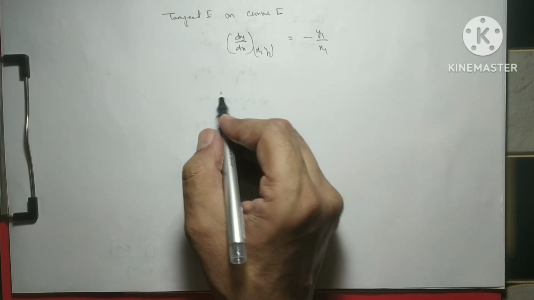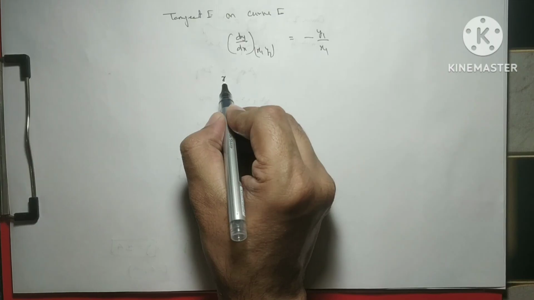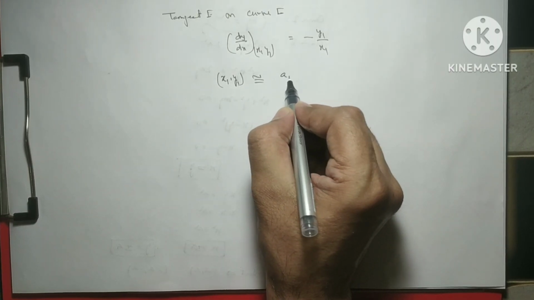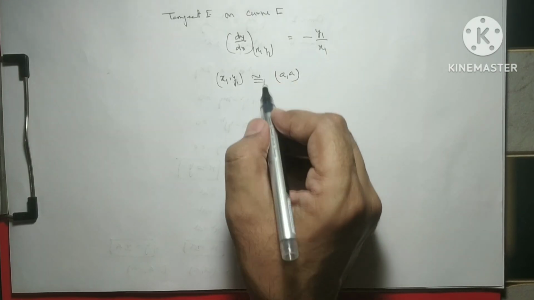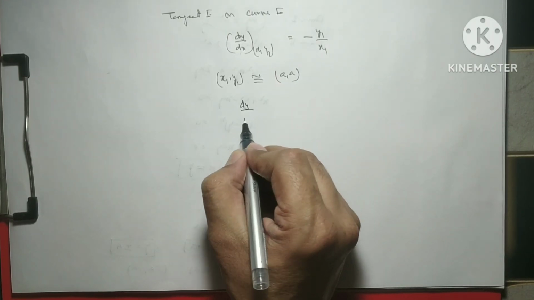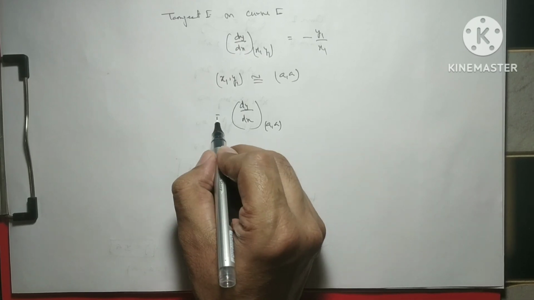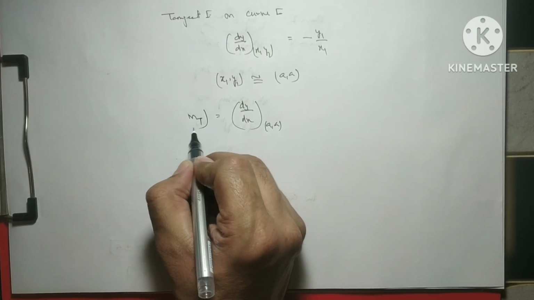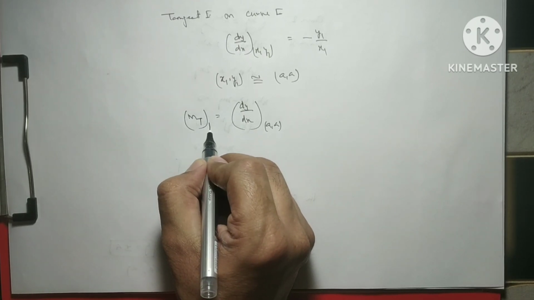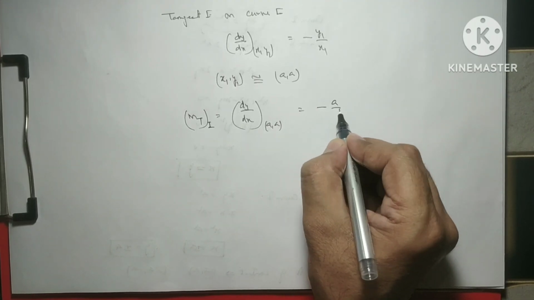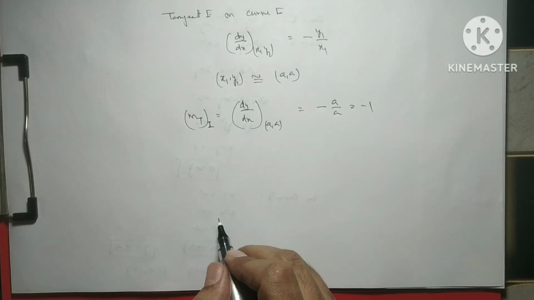So the point of contact x1 y1 is a comma a. When we put this value, dy over dx at a comma a will be the slope of the first tangent. So it is minus a over a, we get minus 1.